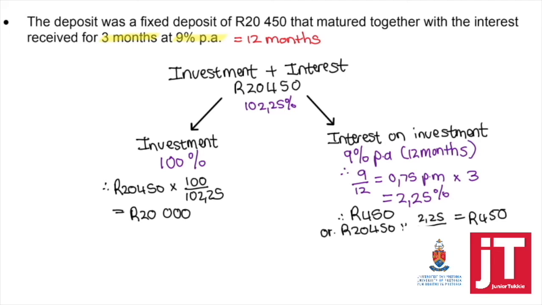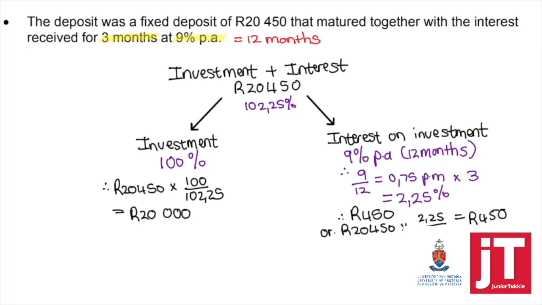So this is how I calculate what is the investment and what is the interest on investment. What makes this difficult is because they provided you with the total which included the interest. You cannot take 20,450 and times it by 9% times 3 over 12.